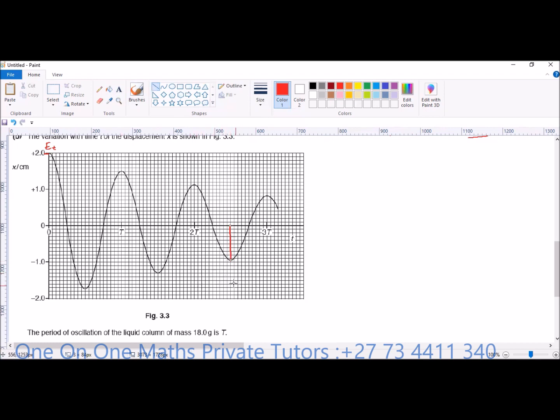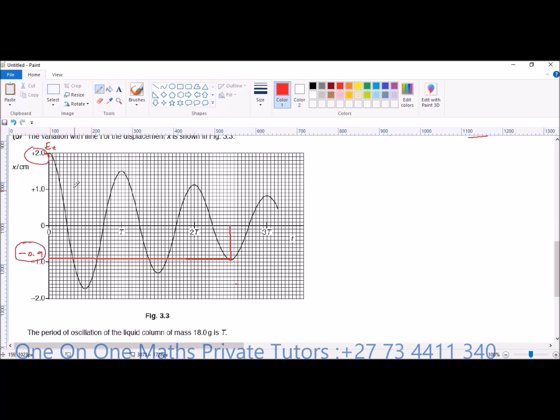What is the corresponding x naught value of the amplitude? Because that is the one we should use to calculate the energy. This is -1, so this should be minus 0.9. All right. So we have 2 and minus 0.9.